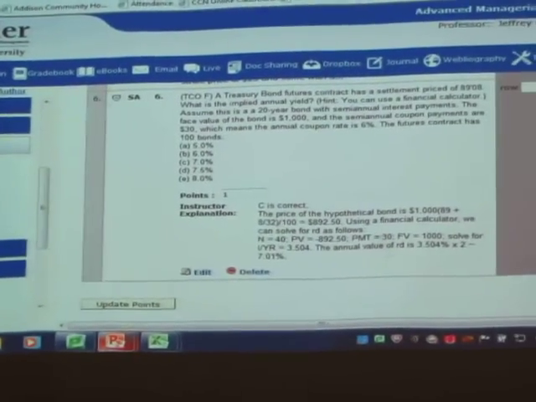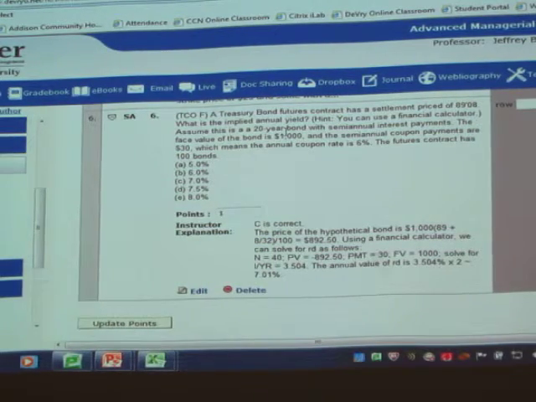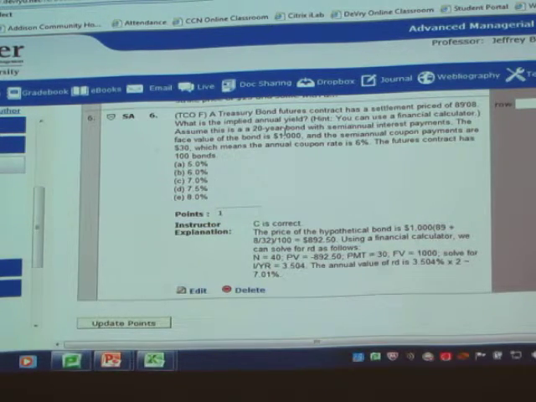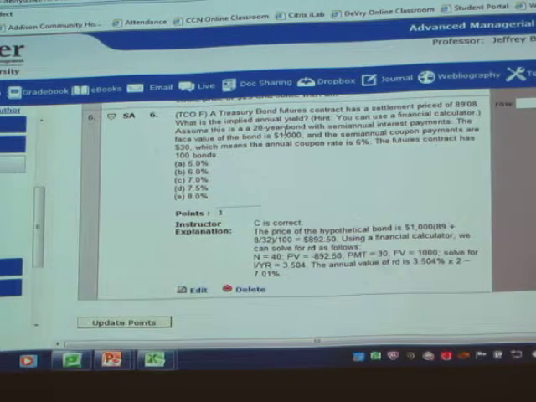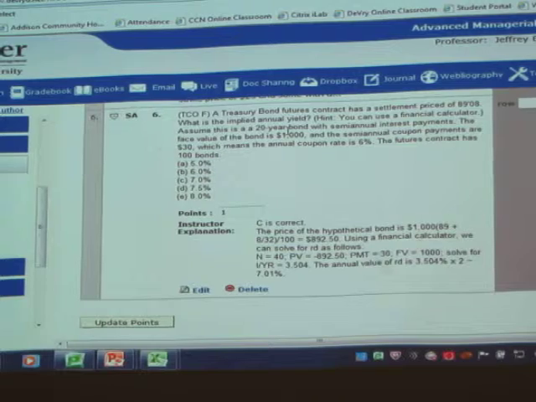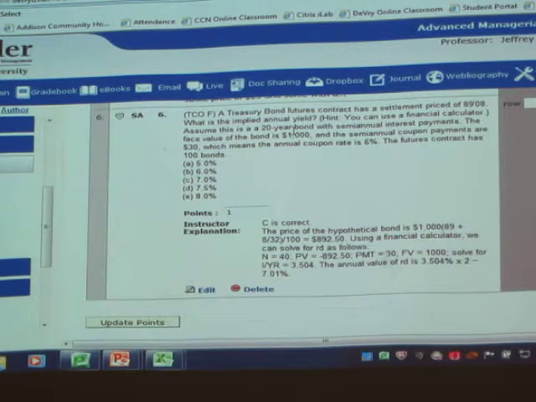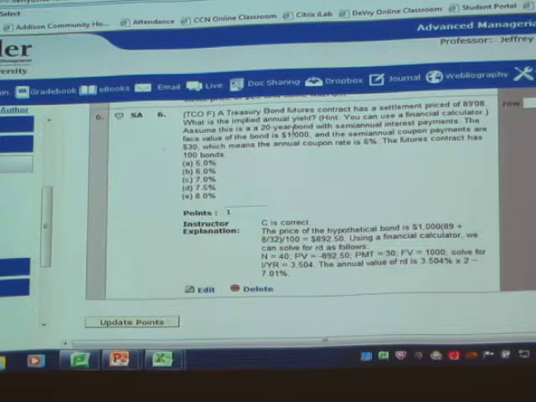Now, we figured out the semi-annual. How do I know that? Because it says we have a 20-year bond with semi-annual payments. So I take the 20 and multiply it by 2 to get the 40. The 40 is my number of periods.